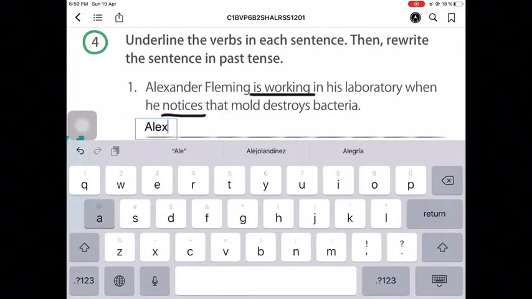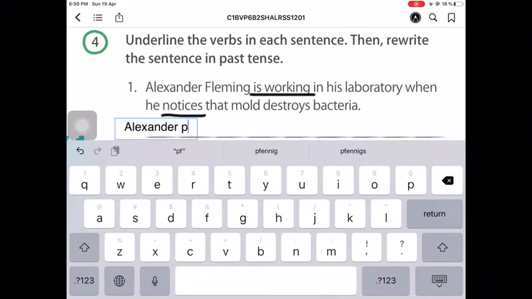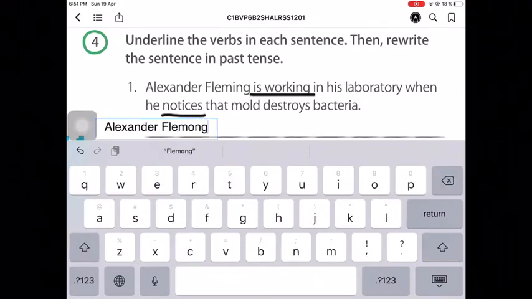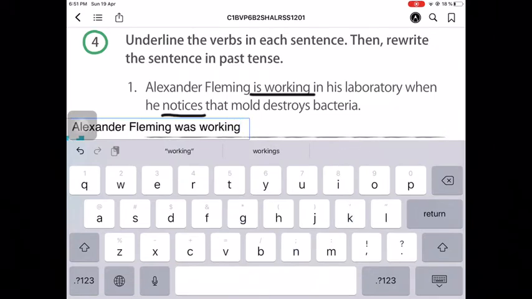Alexander Fleming was working. No present, in past.